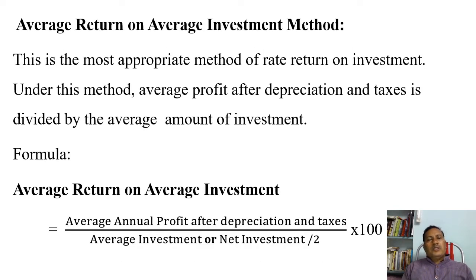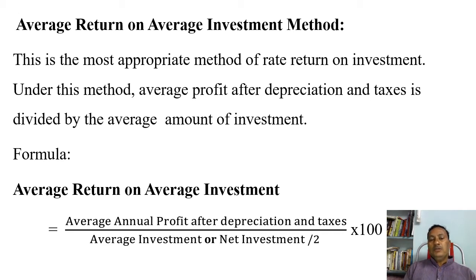Another one is the average return on average investment method. The name itself indicates average return on average investment. This is the most appropriate method of rate of return on investment. Under this method, average profit after depreciation and tax is divided by the average amount of investment.